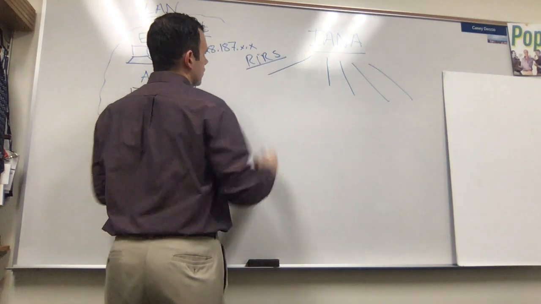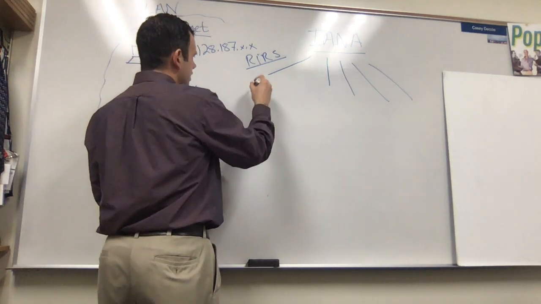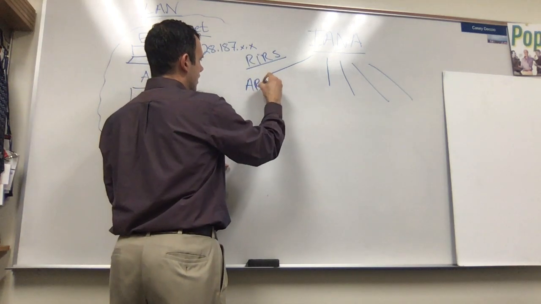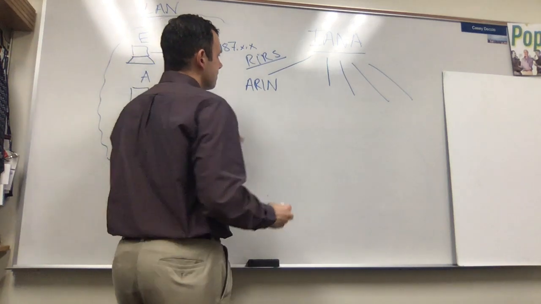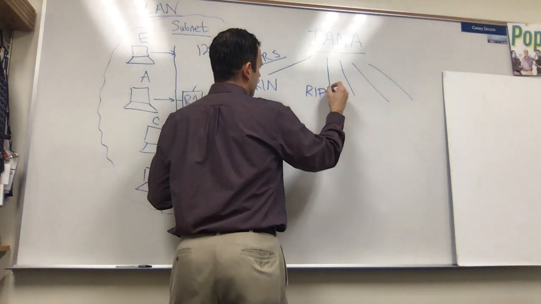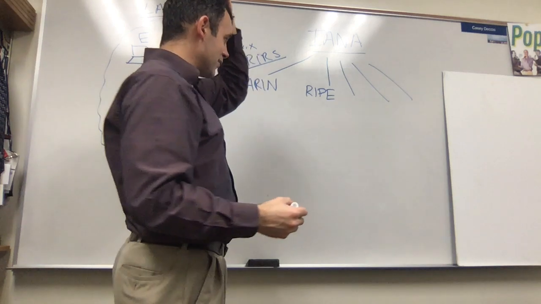RIRs, regional internet registry. And here's what happens. We have one that is the one for the United States and Canada, called ARIN, which is the American Registry for Internet Numbers. Then we have one in Europe called RIPE. Don't ask me what it stands for because it's French and I wouldn't be able to pronounce it.